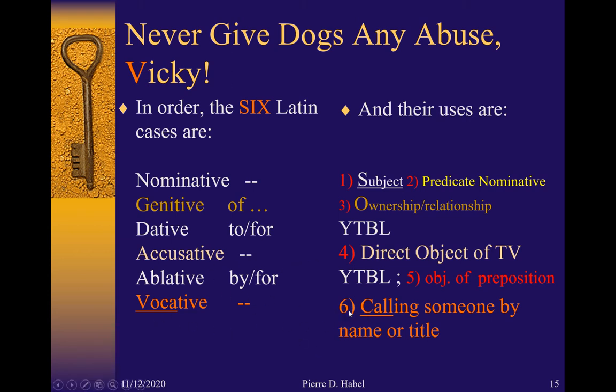Okay, so this number 6, it's representing the fact that this is the 6th noun case use we're learning, and also that it's the use for the 6th case. The vocative case is used when you're calling someone by name or title. Now, I hope you've added this slide to your notes. If not, pause the video and do it.